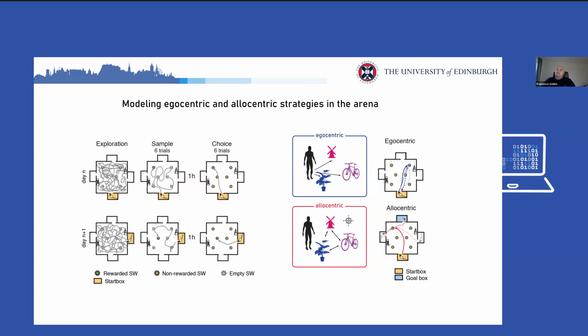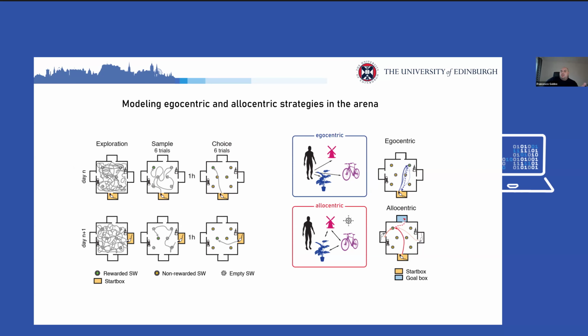So the task that we use is based on the so-called event arena task that was developed in the laboratory of Richard Morris. In principle, it's very similar to the concept of the Morris water maze, but with the main difference of being performed on land rather than in water. So animals start each session from one of several possible locations called start boxes, which are essentially small enclosures where they start their trials before entering the two-dimensional arena.